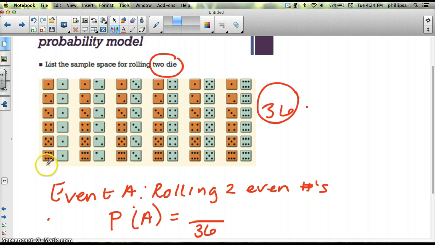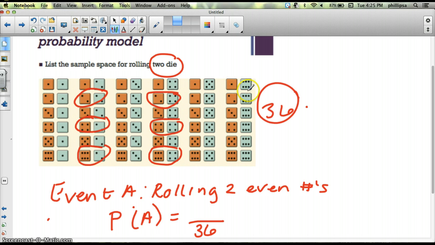Clearly you're not going to have any here because you will have all ones. Let's look here. I've got a 2 and a 2, a 2 and a 4, and a 2 and a 6. You have all threes here, so it's not going to work here. Here you have your 4 and 2, your 4 and 4, and your 4 and 6, and you have your 5s here, so it's not going to work there.